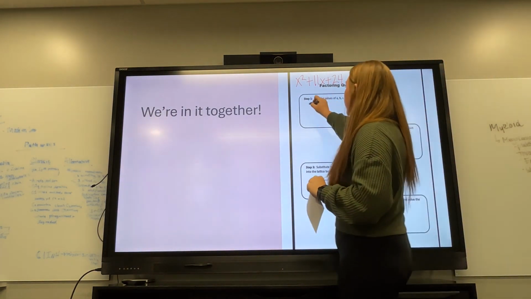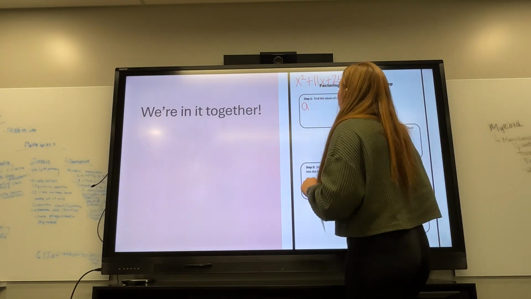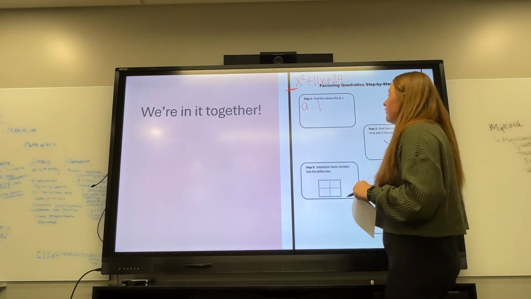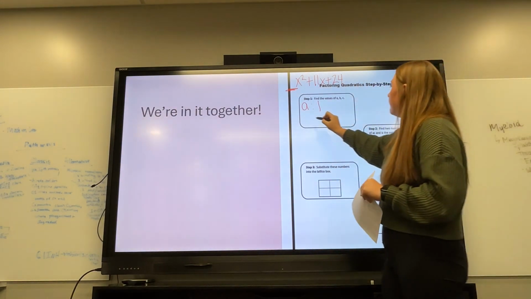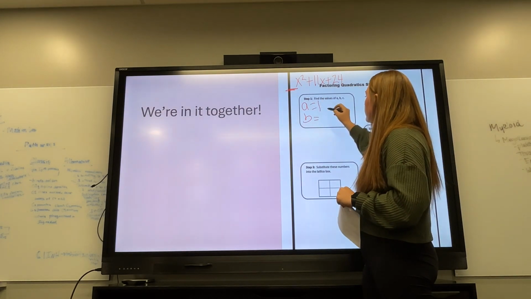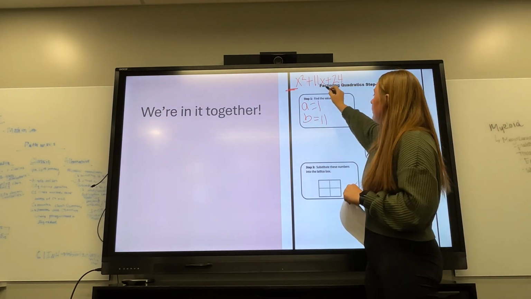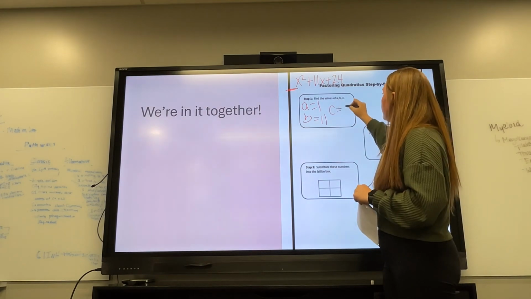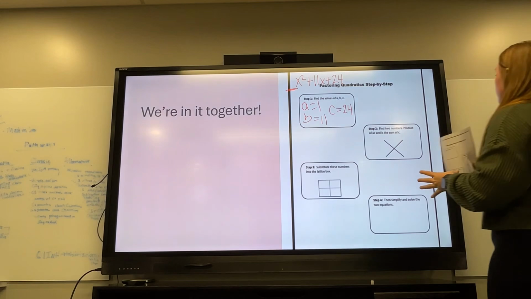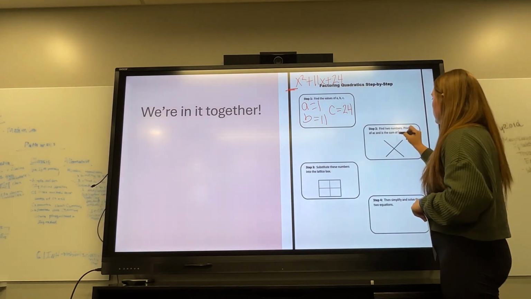So our a value is 1, because this is our a value right here, whatever's in front of this one. Our b value is going to be, I'll put equals 11, because that's our middle term, and our c value is 24. Okay. Also on this, go ahead and fix it. This should say b.